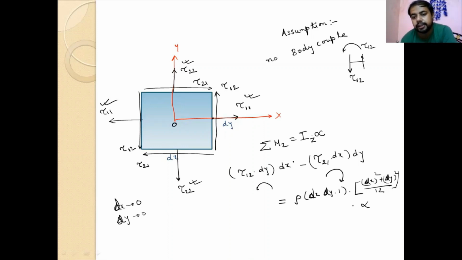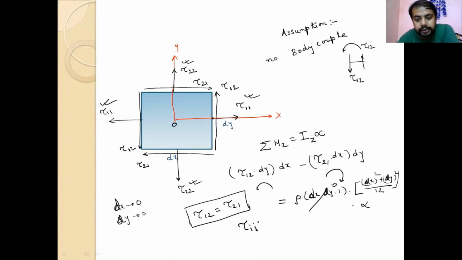In such a situation, this term will become 0 and we get tau 1 2 equal to tau 2 1. What does it mean? This means that tau ij is equal to tau ji. Most important.